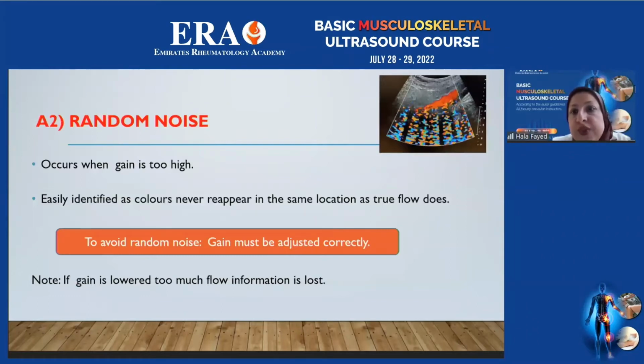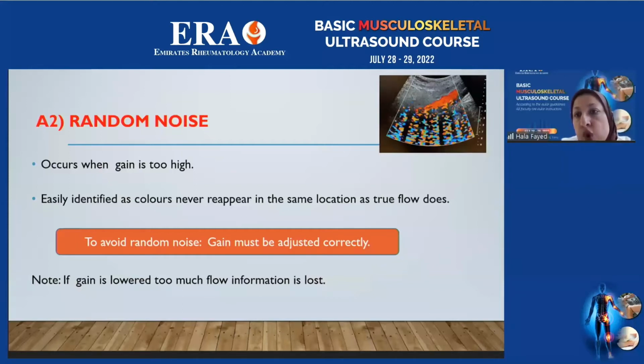The second artifact is random noise, which occurs when the gain is too high. This is the picture we will have when we raise the gain initially, and then we lower the gain until we reach a clear image with only the Doppler signals desired to be studied. It is easily identified as colors that never reappear in the same location as true flow does.